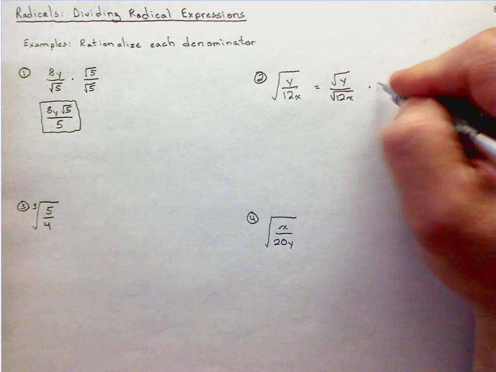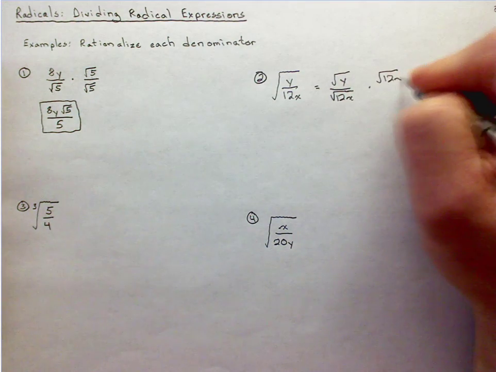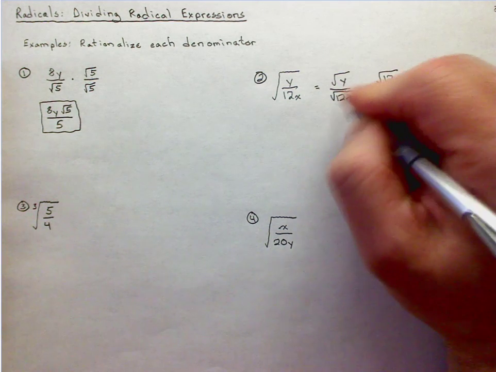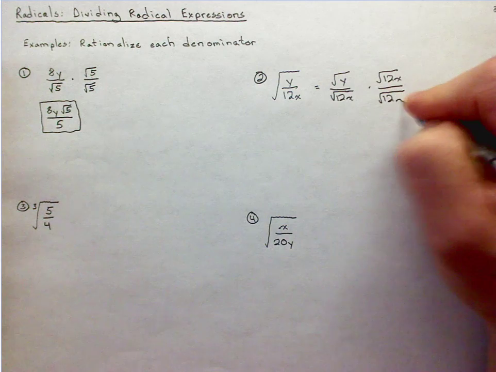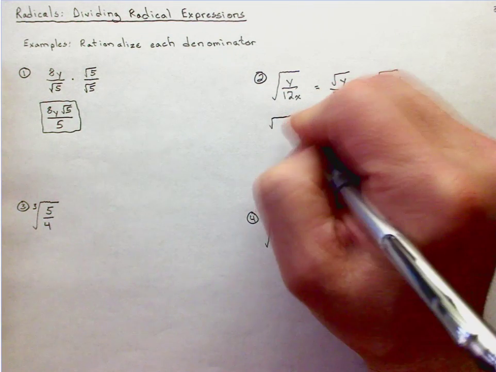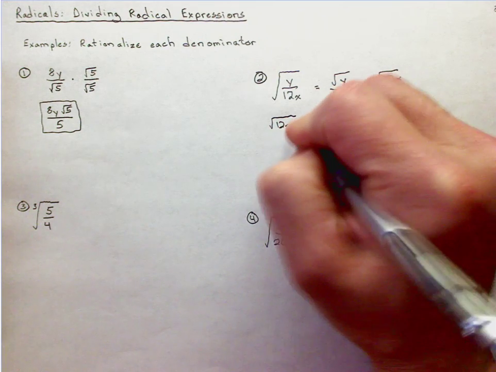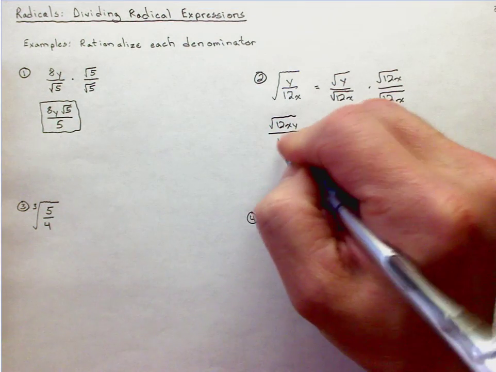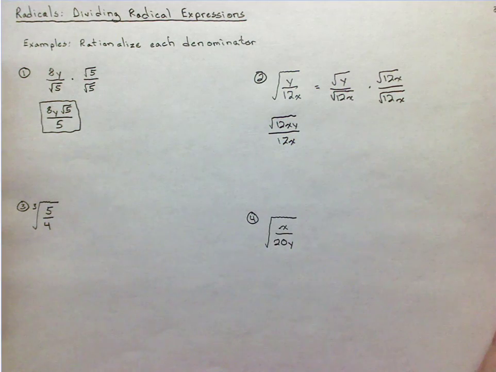So I will multiply both numerator and denominator by the radicand, that radical, the whole thing, not just by 12, by 12x. And that gives me that in my numerator, and this gives me this in my denominator.